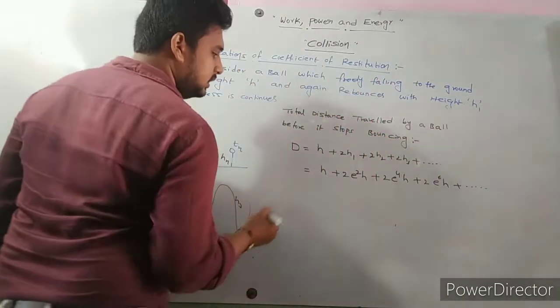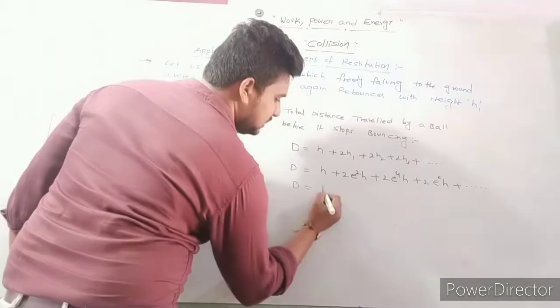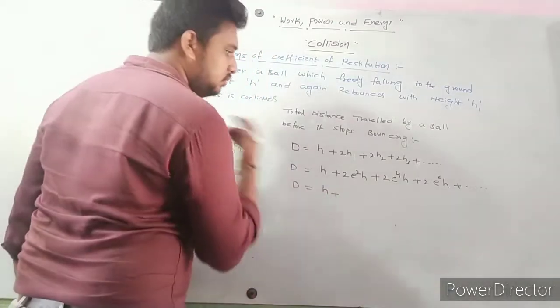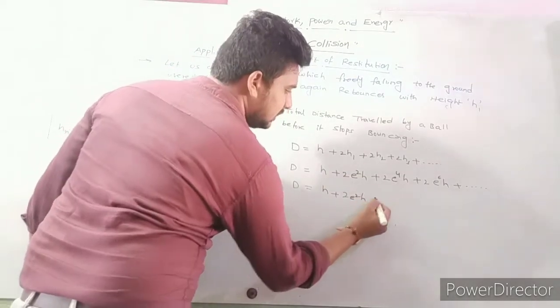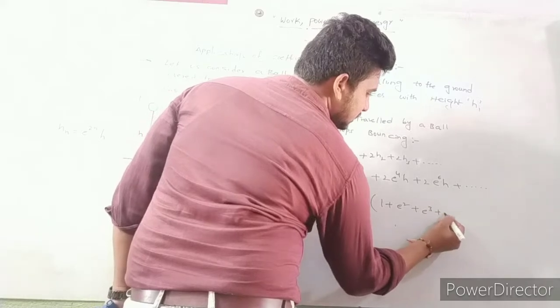So this is d. From this, h plus 2 e square h, common factor, times 1 plus e square plus e cube plus and so on.